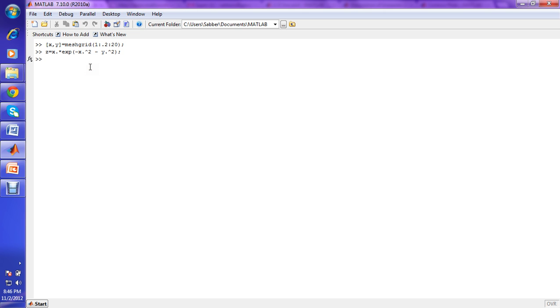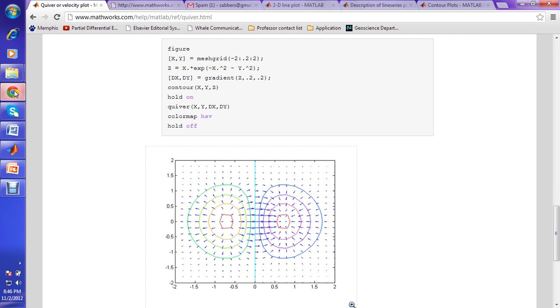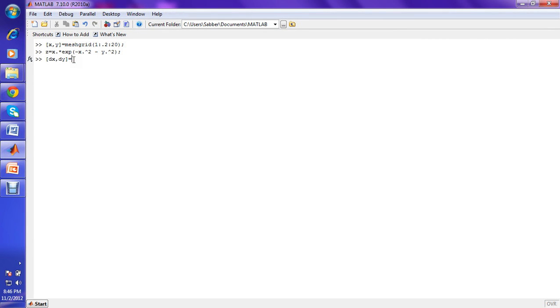If you want to find the contour, let's first make a function to find out the gradient. So dx comma dy is equal to gradient of g, with 0.2 interval in the x-axis and the same 0.2 interval in the y-axis.